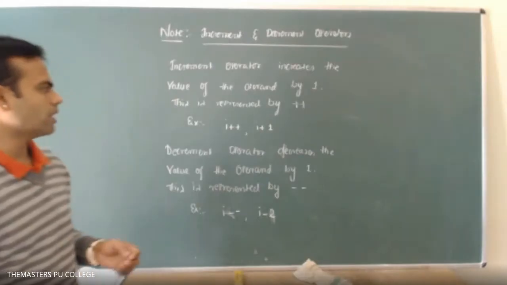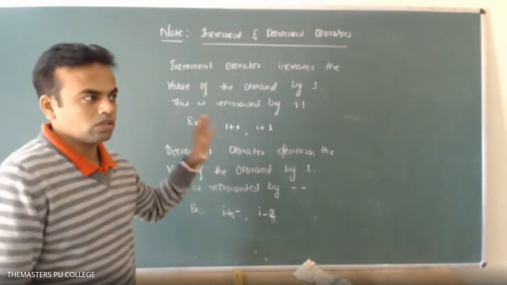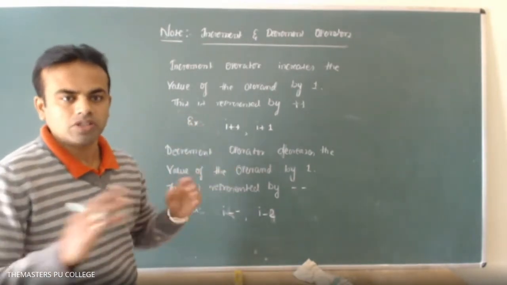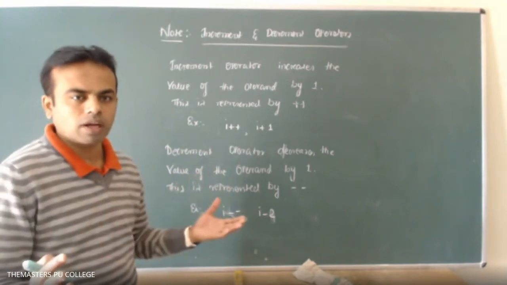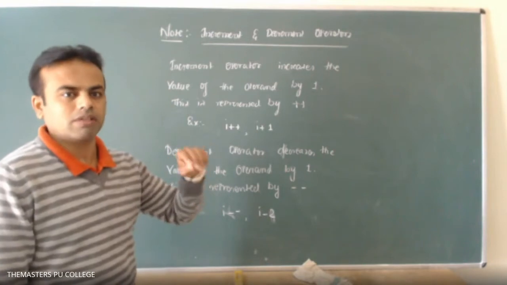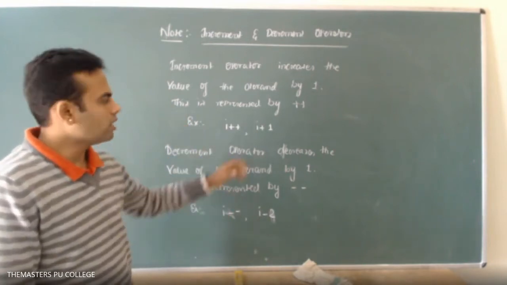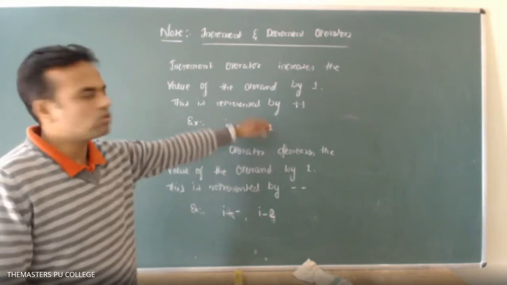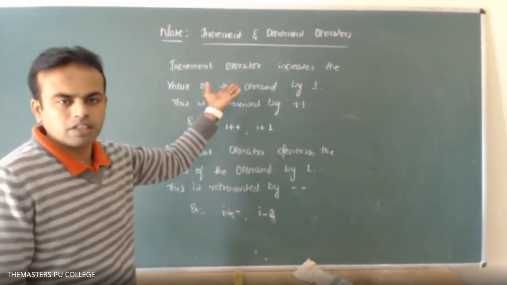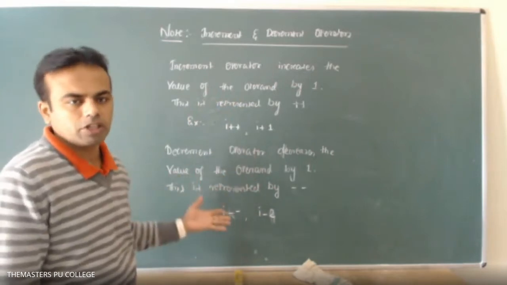Don't think of a constant as an identifier which never changes its value during the execution of the program; specifically I'm saying integer constant. You can increase the value by 1 with the help of the increment operator, and decrease the value by 1 with the help of the decrement operator.